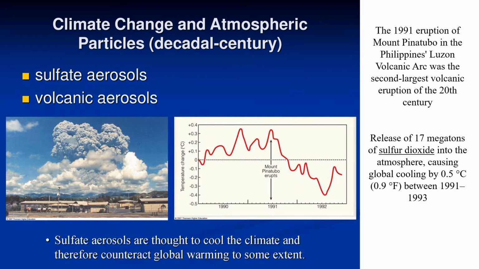In 1991 there was the Pinatubo eruption, and this eruption lowered the global temperature by 0.5 degrees centigrade for 2 years. So those types of atmospheric particles work to reduce global warming or global temperature sometimes. So it's a negative, and that's called radiative forcing. Negative radiative forcing.